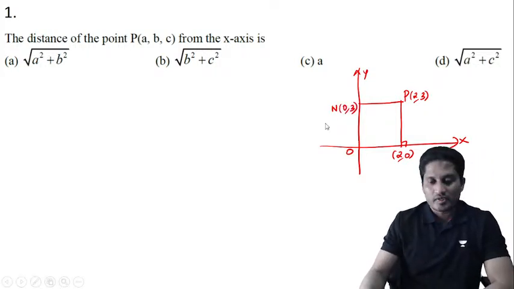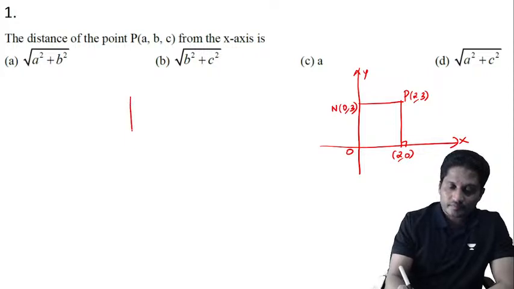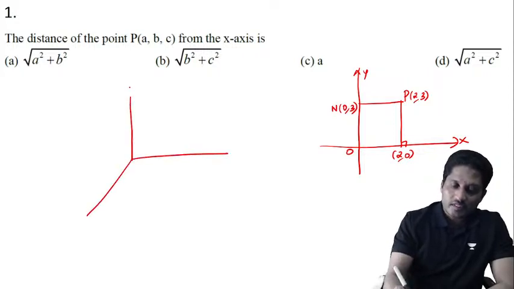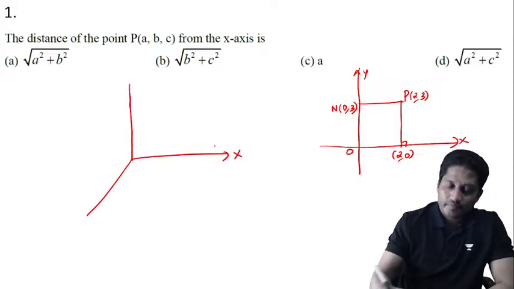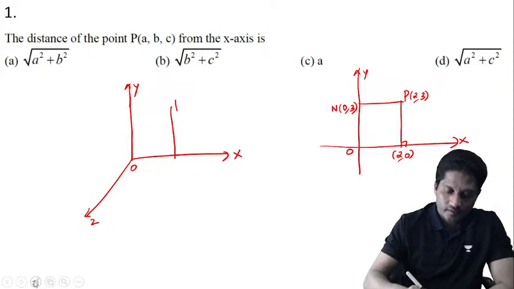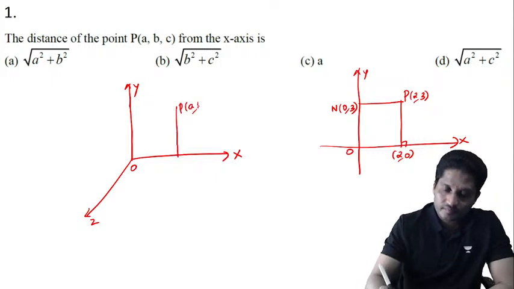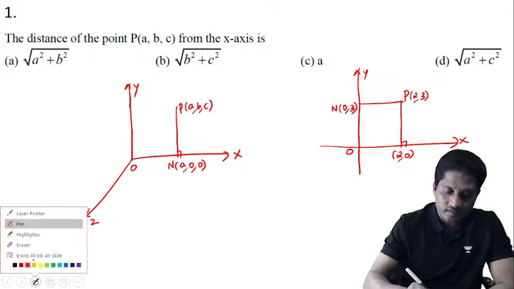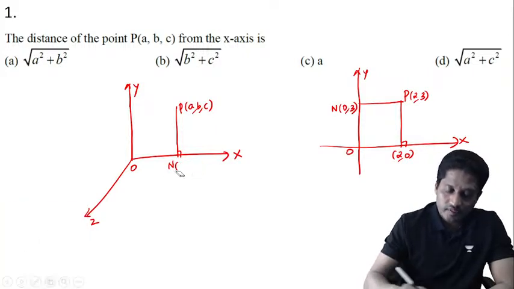If I use the same logic, this is x-axis, this is y-axis and z-axis, this is 0. Distance of the point a comma b comma c from x-axis. So if I drop the perpendicular on x-axis, this is a comma 0 comma 0, isn't it guys?